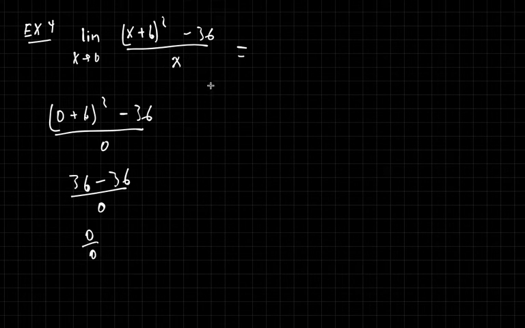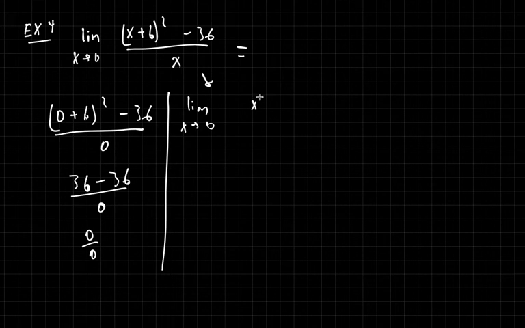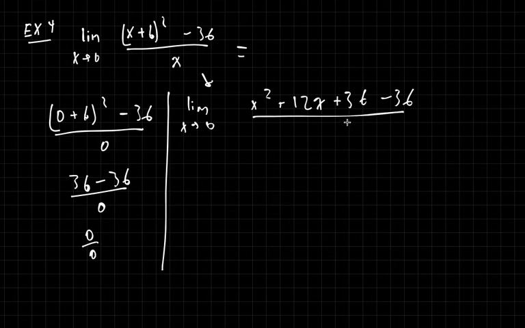Now I want to try factoring. So this is just the limit as x approaches 0. This is not immediate to how I could factor this. So maybe let's expand that first. Expanding this would give us x squared plus 12x plus 36 minus 36, right?